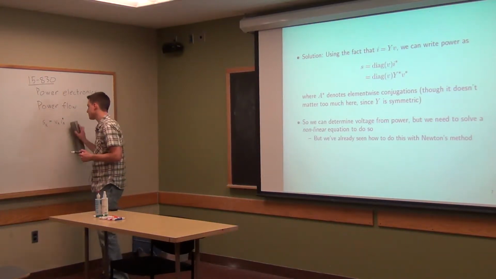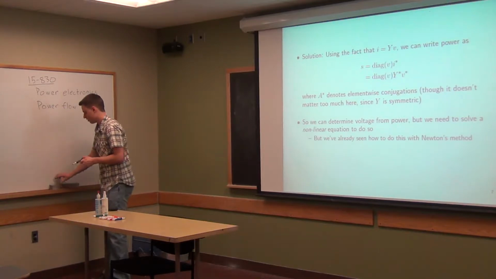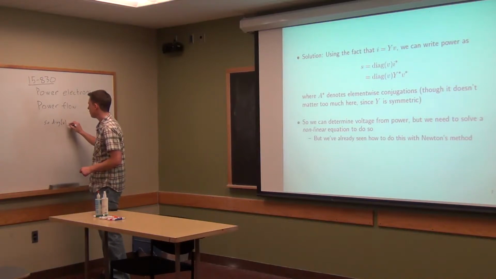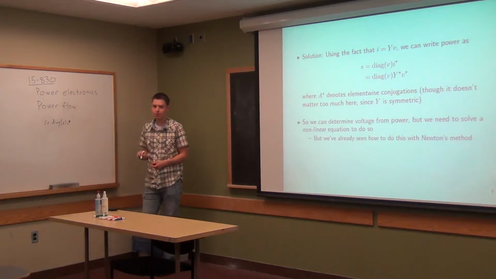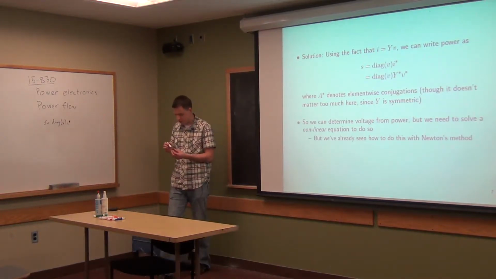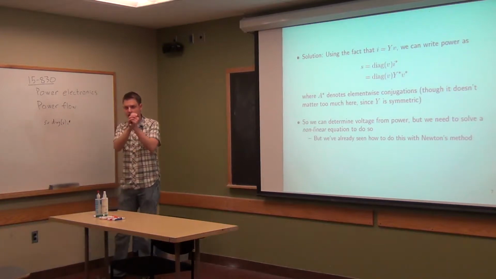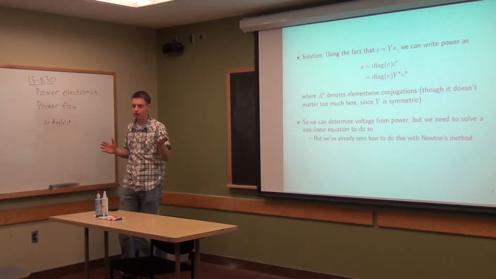I'm going to say that S equals diag of V times I conjugate. And this is actually the same equation, just doing it in vector form for all the different nodes.